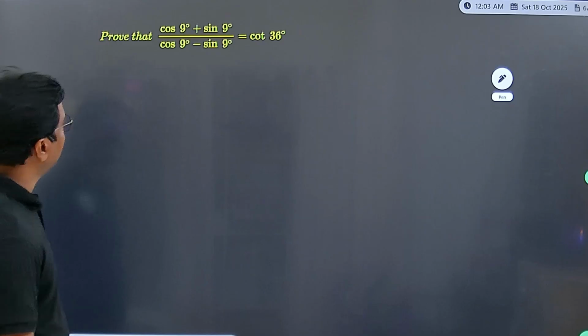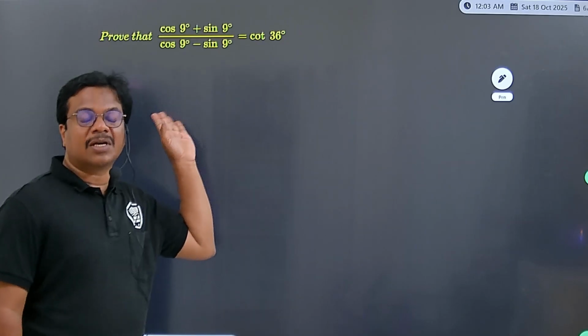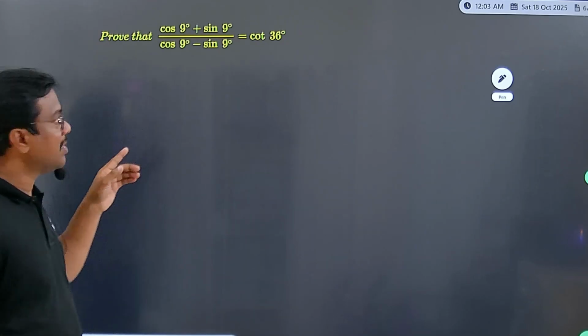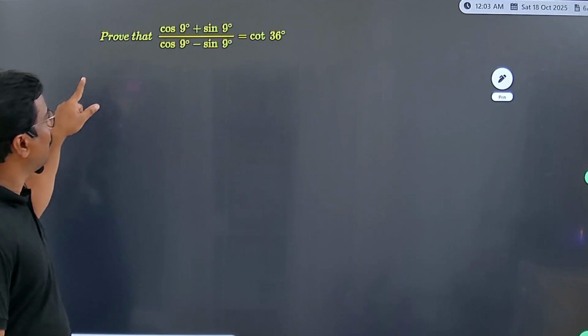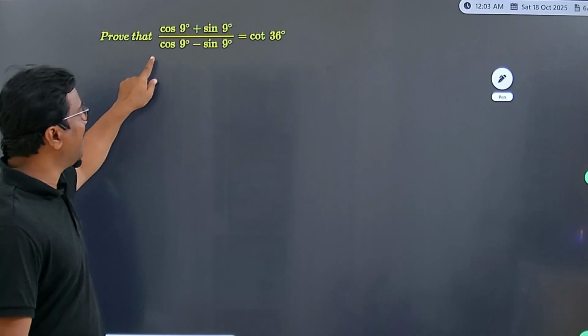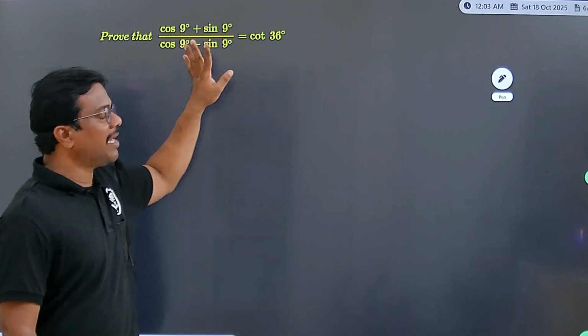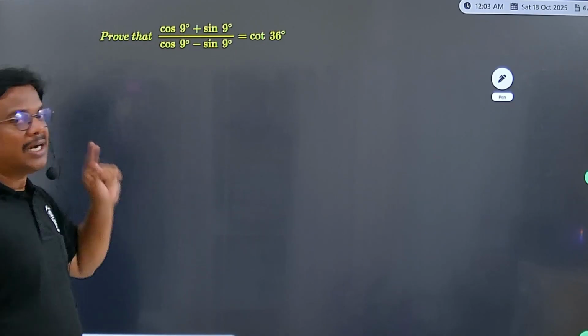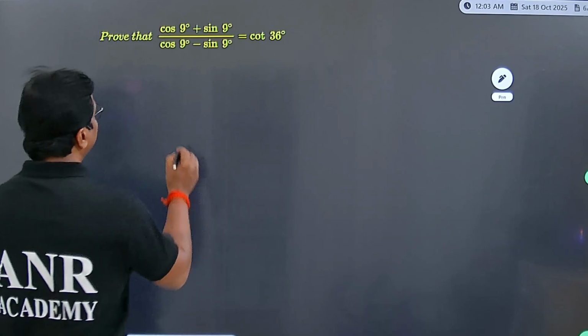Next, this is a question asked in previous examinations many times. Prove that cos 9 degrees plus sin 9 degrees, whole divided by cos 9 degrees minus sin 9 degrees, is equal to cot of 36 degrees.